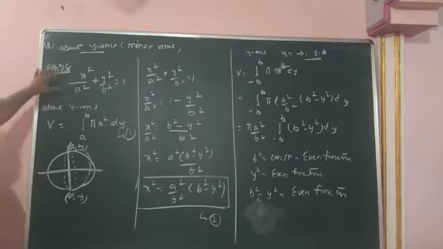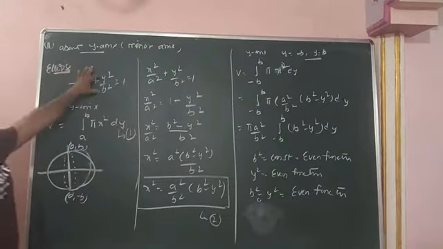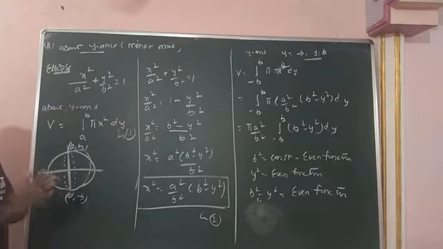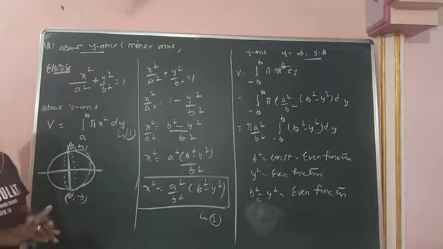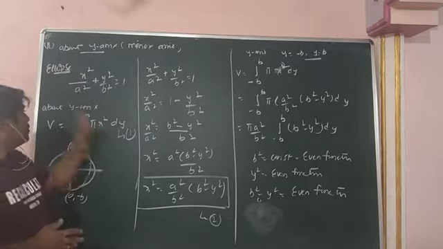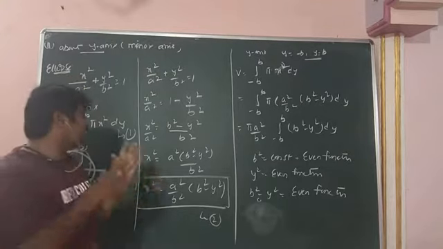we have explained x square by a square plus y square by b square is equal to 1. About the y-axis, the formula we need is pi x square into dy. So from the given equation I need to write x square is equal to.